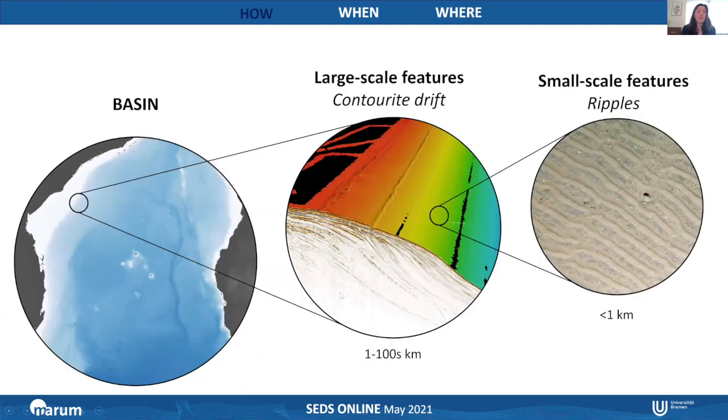So we need to have a look at the contourite systems at different scales. When we have a look at a basin, on a large scale, we are going to find first the large contourite drifts that are commonly formed by the general large-scale circulation, and form along the slope. And then when we have a look a bit closer to these features, on the top of the contourite drifts, we can find smaller scale features, for example, some channels, ripples, or even lamination and particular smaller scale sedimentary deposits.